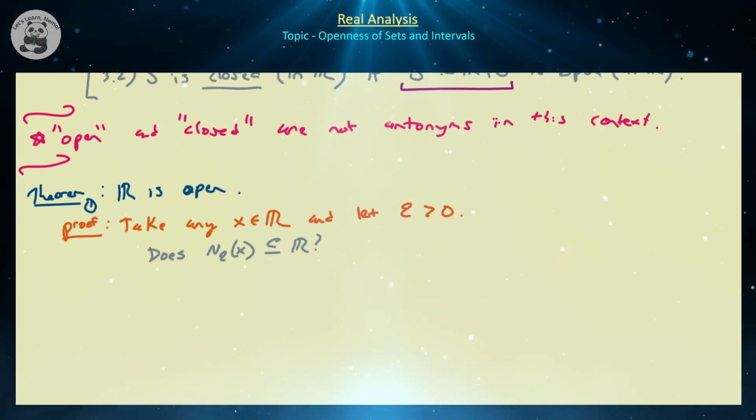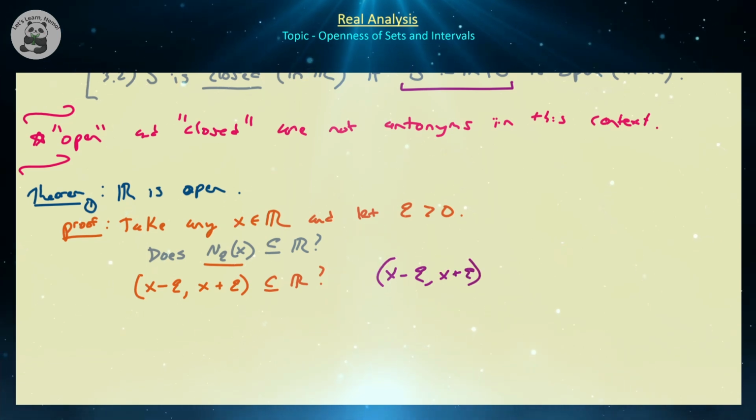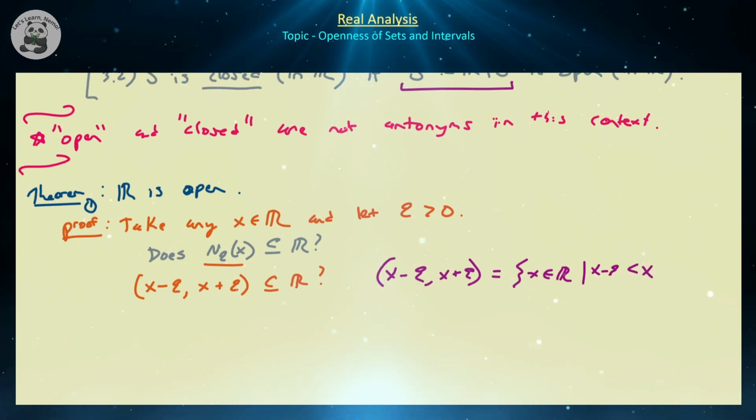So if it is true, then that means this is an open set, right? So the question that we really need to follow, because keep in mind, what is an epsilon neighborhood under the typical absolute value metric? Well, that's just going to be, is the interval x minus epsilon to x plus epsilon a subset of R, right? So if that is the case, keep in mind, the interval x minus epsilon to x plus epsilon by definition is equal to the set of all real numbers such that x is strictly between x minus epsilon and x plus epsilon.